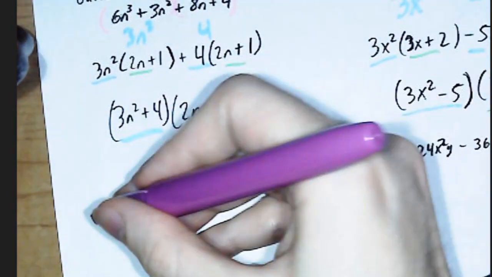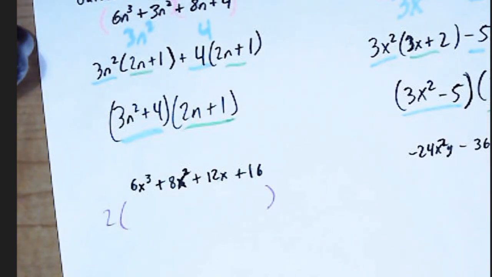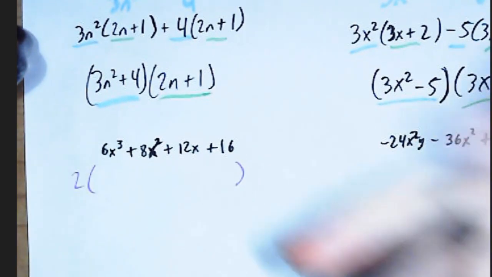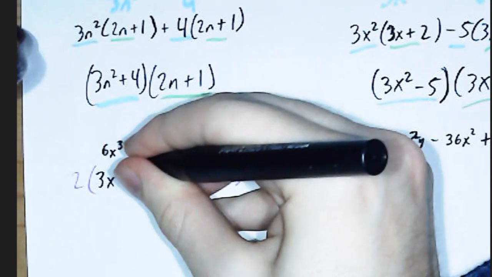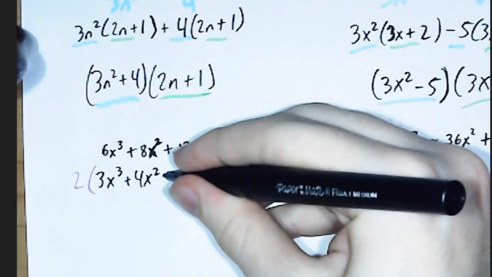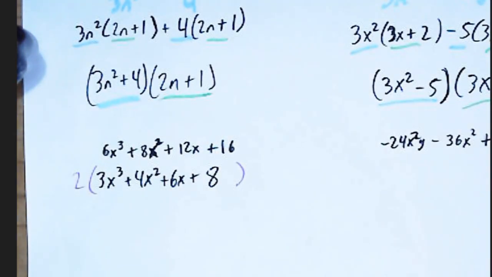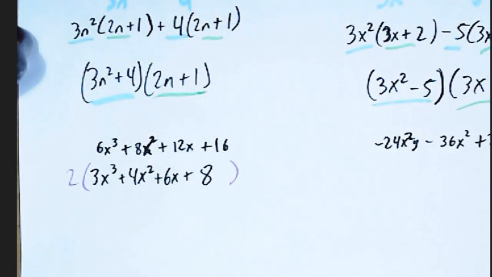Alright? So we've got a 2 outside of this whole thing. 3x cubed plus 4x squared plus 6x plus 8. And now we can do grouping with what's left here.